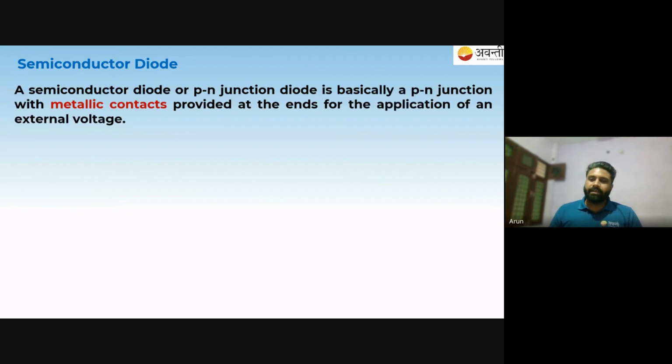Now, what is a semiconductor diode? I have told you that the semiconductor diode or PN junction diode is basically a PN junction semiconductor. P and N type semiconductors are fused with each other, and at the end of it, they have a metallic strip so that we can connect the battery and take advantage of it.